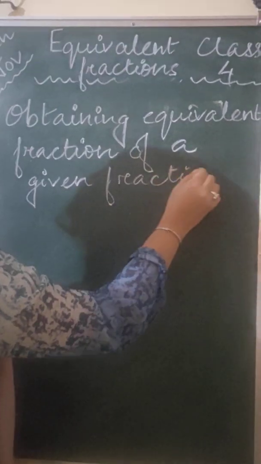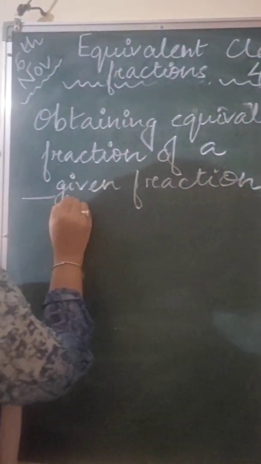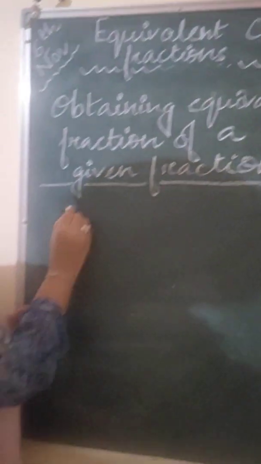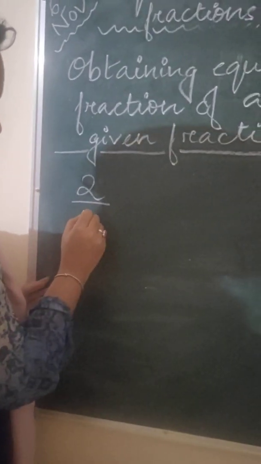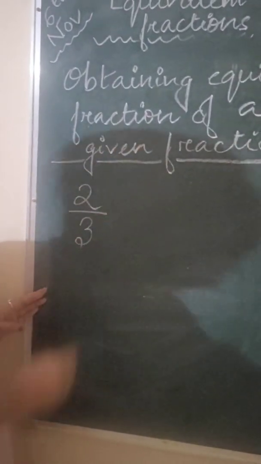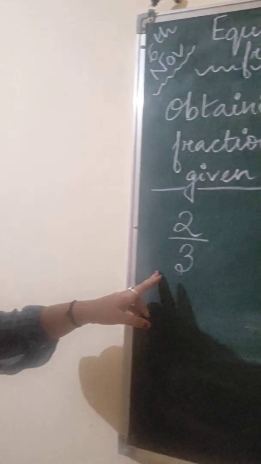That means you will be provided with a fraction. Suppose your fraction is 2 by 3. Now if I ask what will be the equivalent fraction of 2 by 3, how are you going to get this?